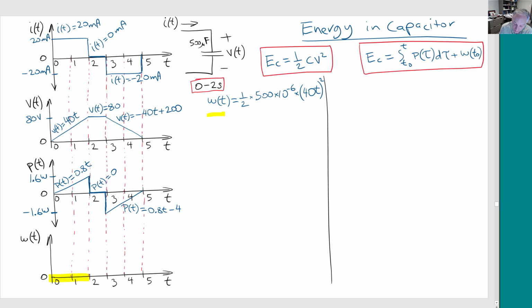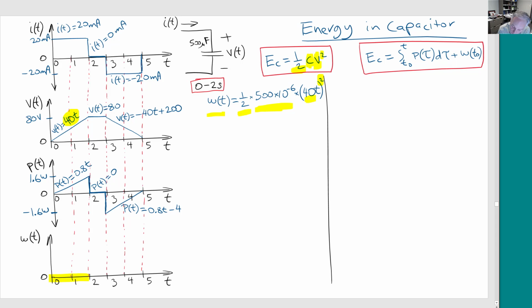So energy is going to be 1/2, so that's the 1/2, right? And then this is the capacitance, so that's the C, so it's 500 microfarads. And then this here is the voltage, and we're getting the voltage here. So it's 40t is the voltage, but we have to square it.